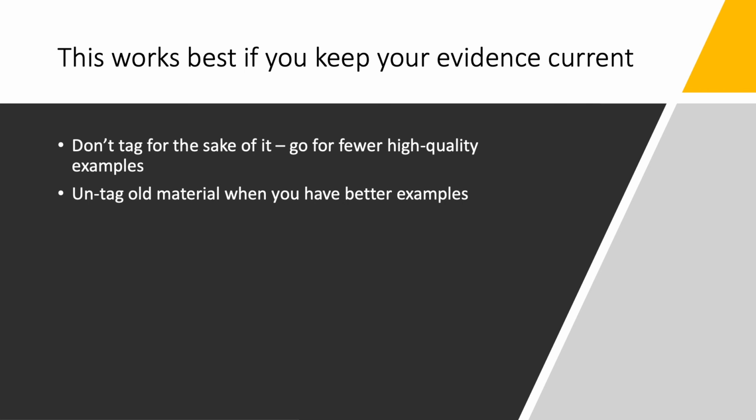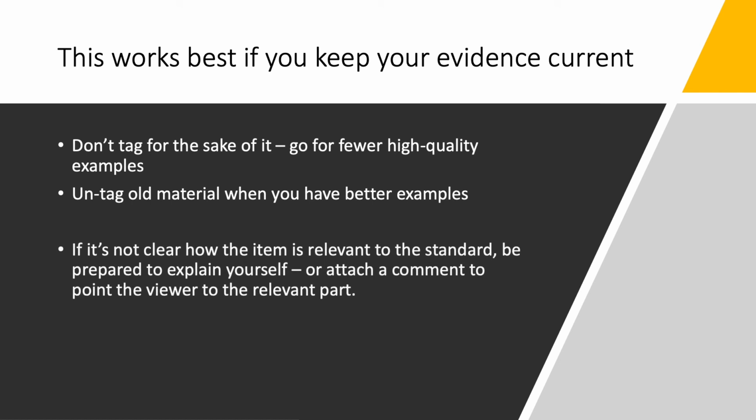And likewise, if you have tagged a specific piece of evidence to a standard and it's not entirely obvious which part of that bit of evidence is relevant to this standard, then you will need to articulate that during the progress review itself. So a good example of this might be a stream of lessons where obviously you've got a lot of content, but it's maybe a particular lesson that is relevant to a specific standard.